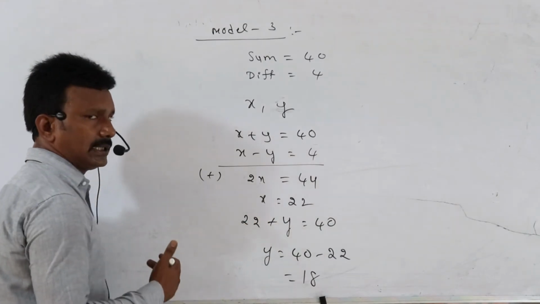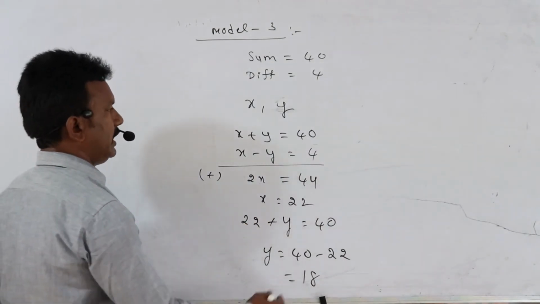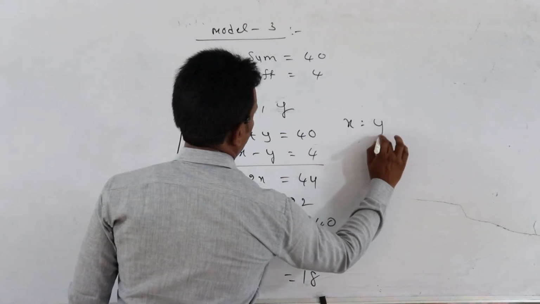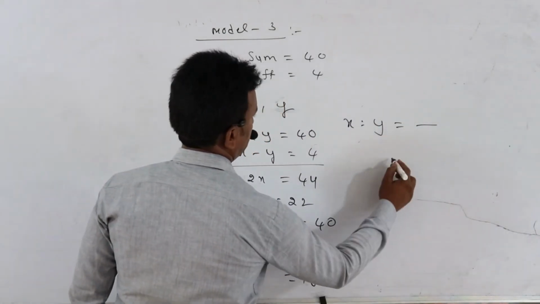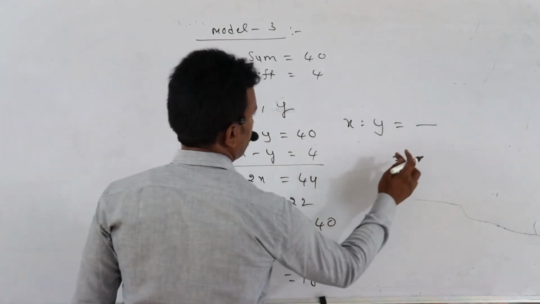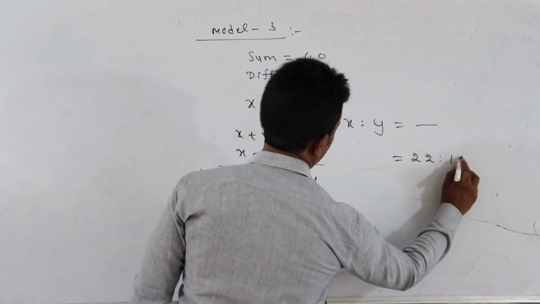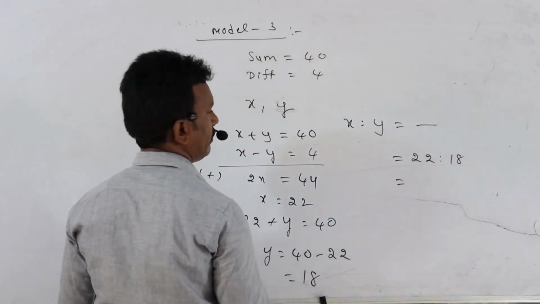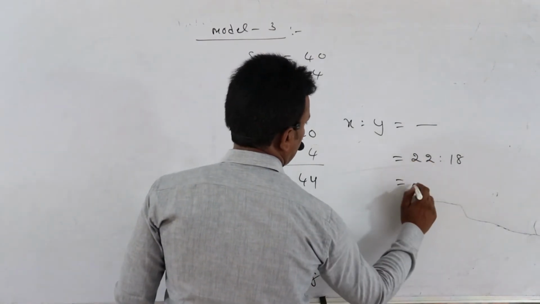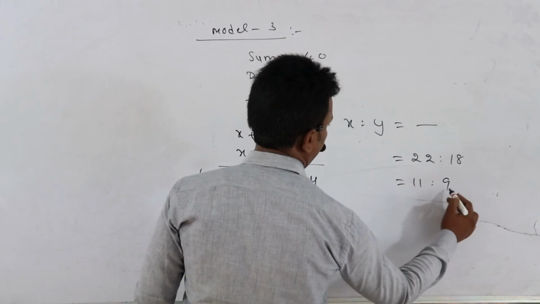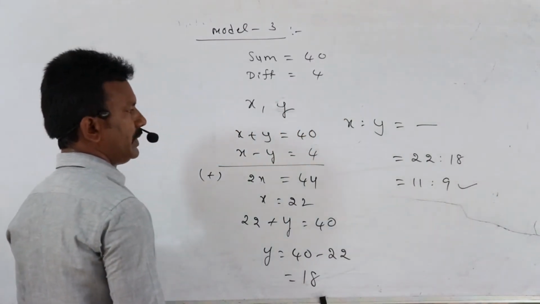Finally, the ratio x is to y is 22 is to 18, that equals, 2 table, 11 twos, 9 twos. Our required ratio is 11 is to 9.